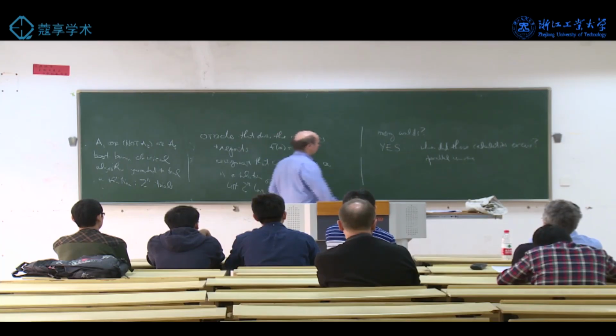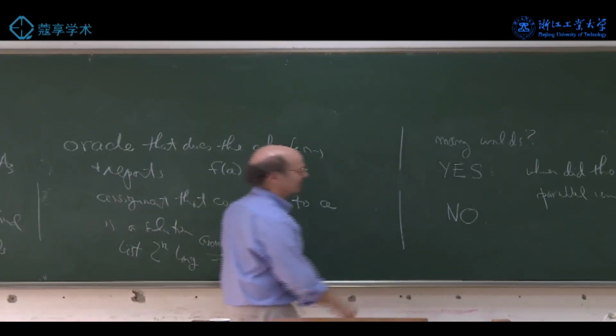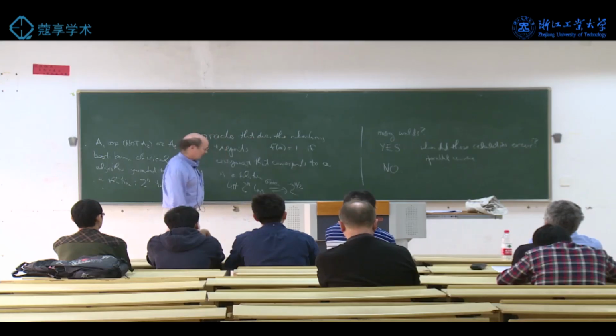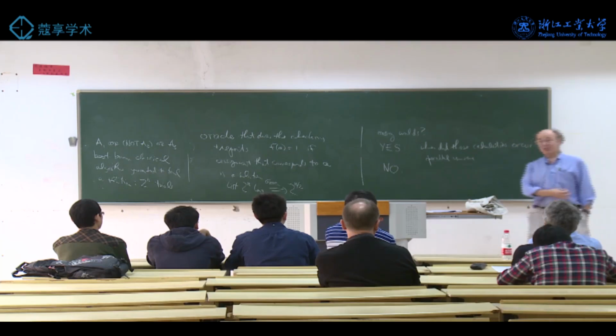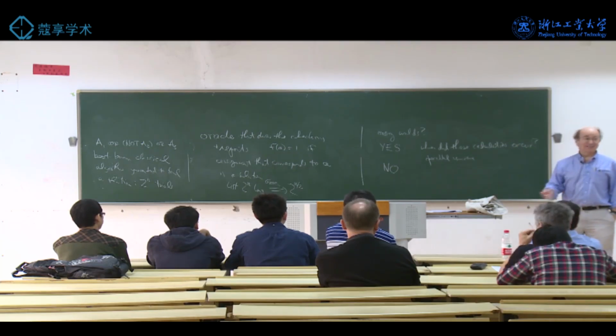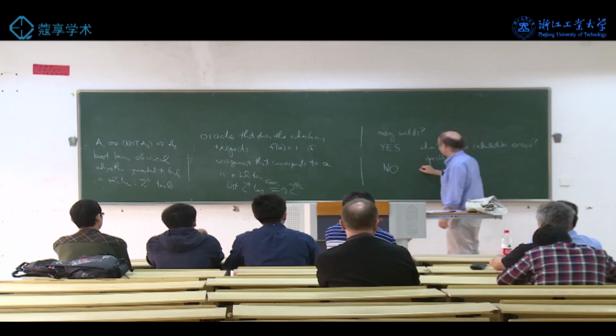On the other hand, one can also make arguments on the no side. First of all, we don't have those answers. So in what sense were the calculations actually done?